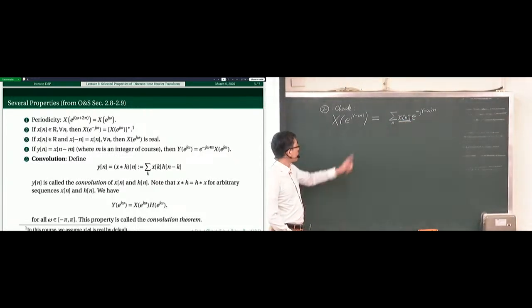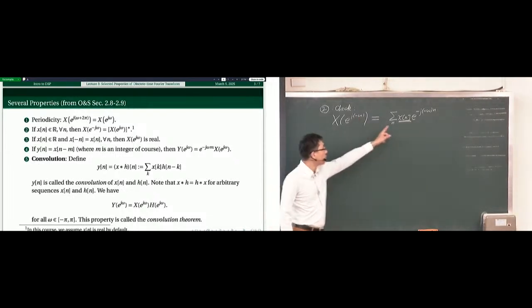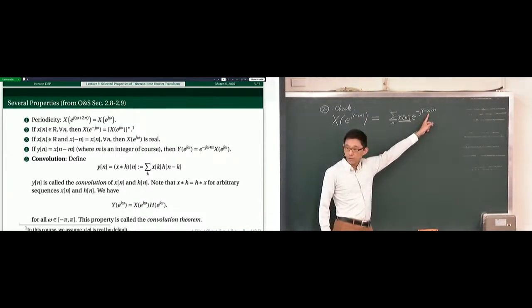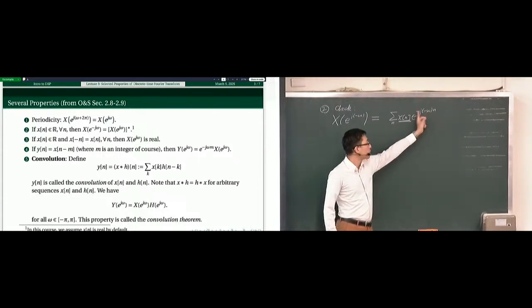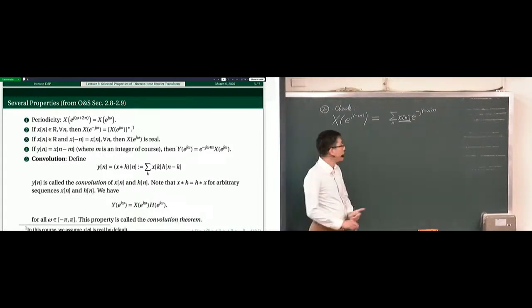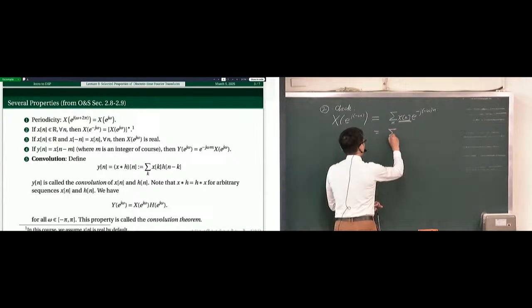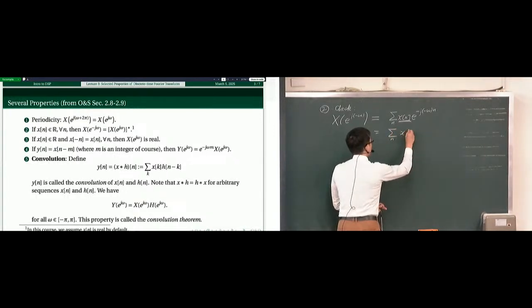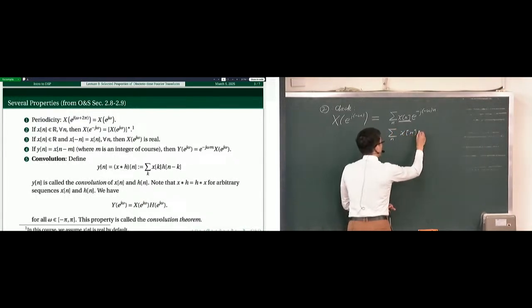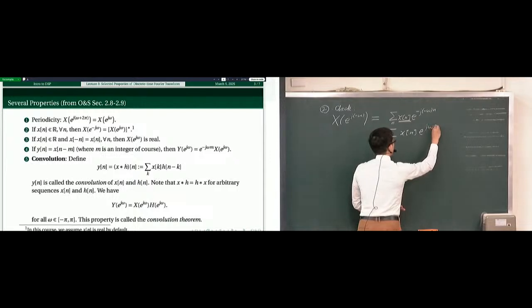That's the meaning of evaluating the spectrum at minus omega according to the definition, right? And what's next? Apparently, minus and minus gives us a plus, right? So next step, of course, this is x[n] e to the j omega n.